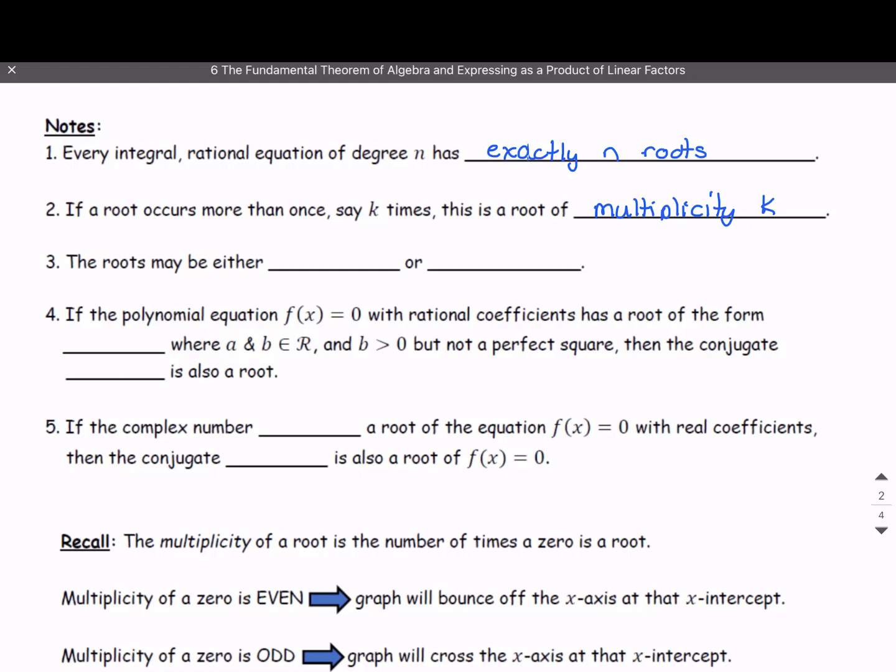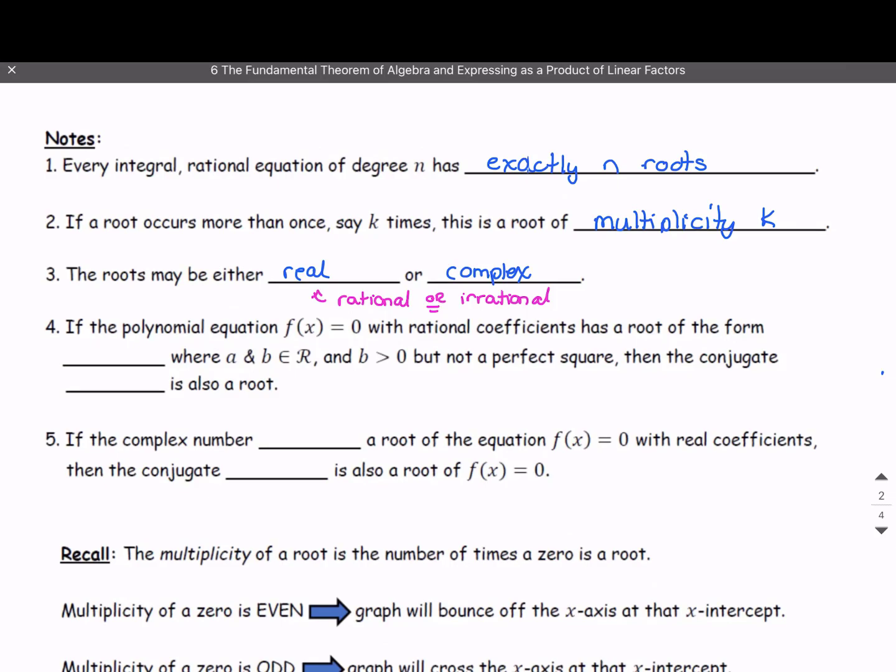If when you factor it, you get that answer twice, it's a root of multiplicity 2. Now, roots can either be real or complex. Now remember, your real roots, those can be rational or irrational. And that's going to come into play in a little while too. That'll change things a little bit.